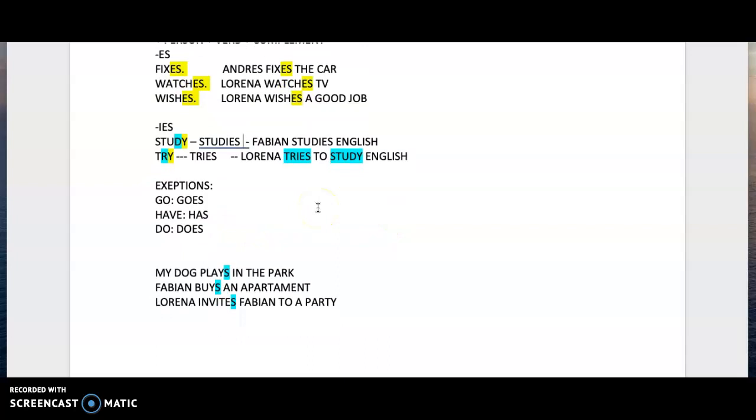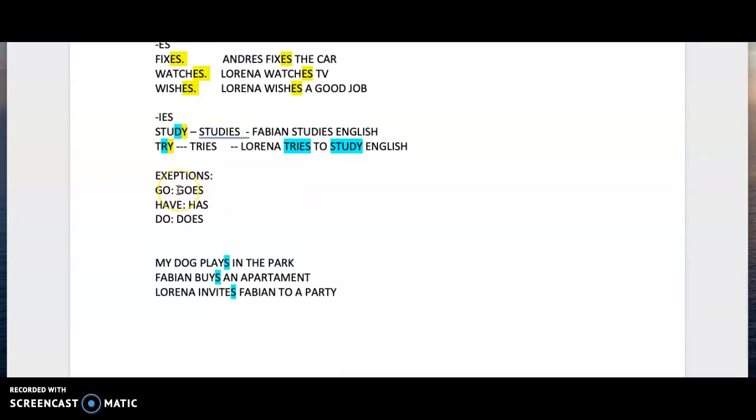And rule number 3, we have some exceptions that you need to remember. We have the verb go, which is ir. We have the verb have, tener. And we have the verb do, hacer. So the verb go ends up with goes.